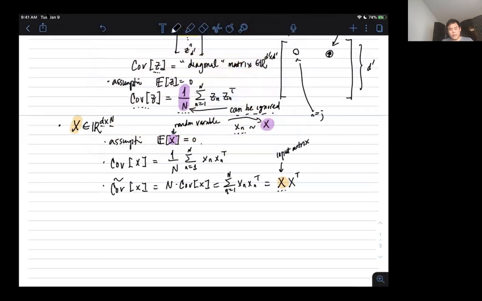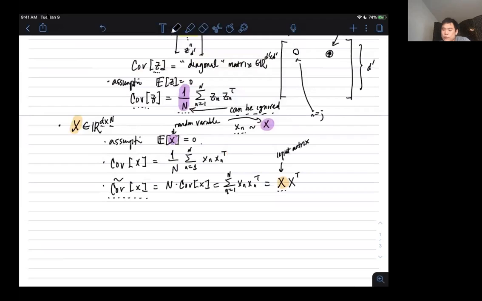So we're going to stick to this notation. As you get used to it, you're going to see immediately, based on the context in which they appear, whether they are referring to matrices, vectors, scalars, constants, or random variables. Now, we look at this covariance matrix or the scaled covariance matrix of this variable x.